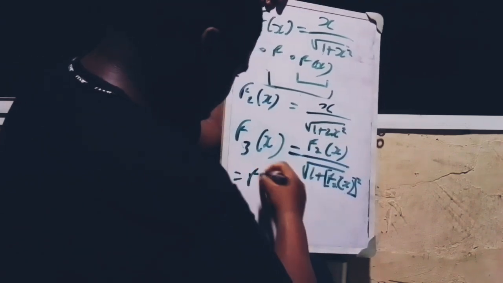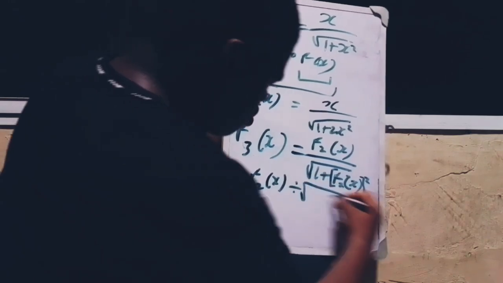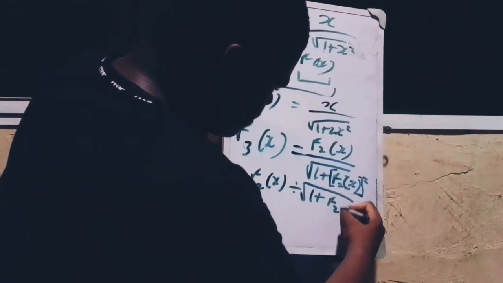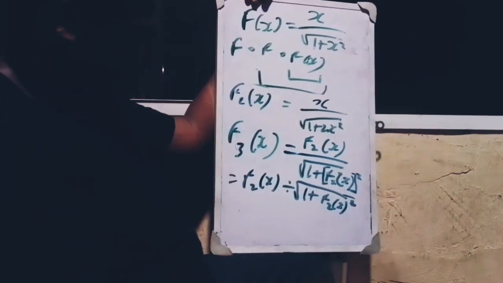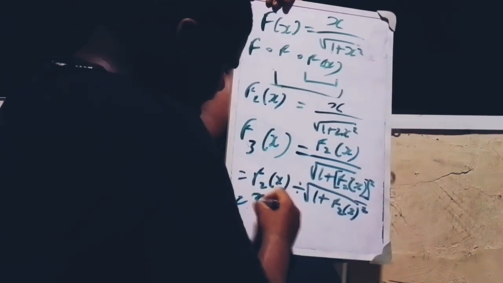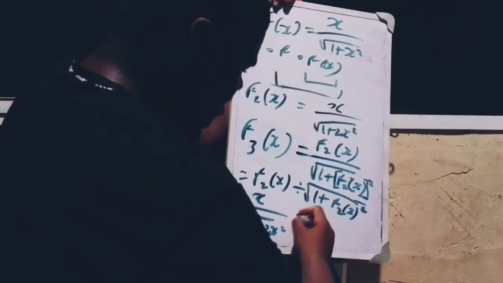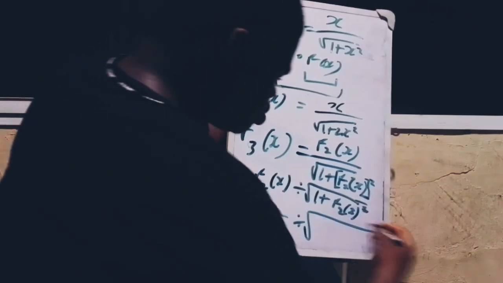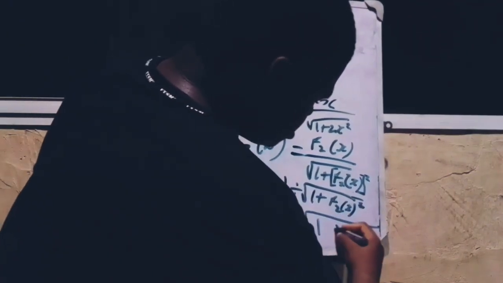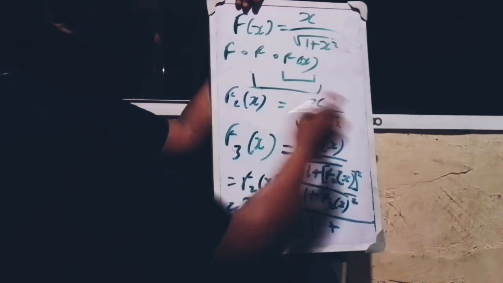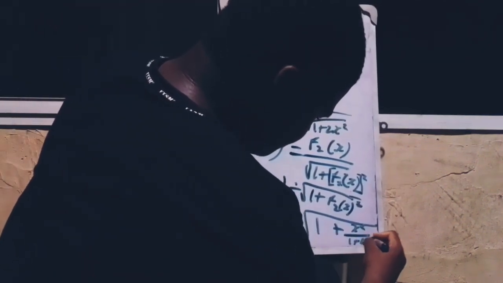This is equal to f2 of x divided by the square root of 1 plus f2 of x all squared. f2 of x is equal to x divided by the square root of 1 plus 2x squared, divided by the square root of 1 plus f of 2x all squared, same as x squared divided by 1 plus 2x squared.